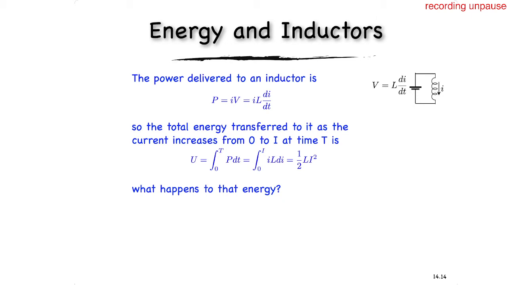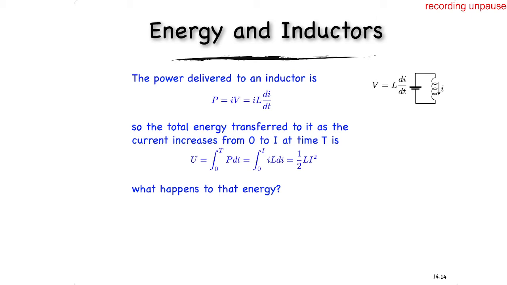Okay, so to figure out how much energy is stored in the inductor when it initially starts with no current through it and ends up with a current I after some time t, we'll say that energy is the power being delivered times the time over which it's delivered, right? Power is energy per unit time, so multiplying it by a time gives us a total energy.